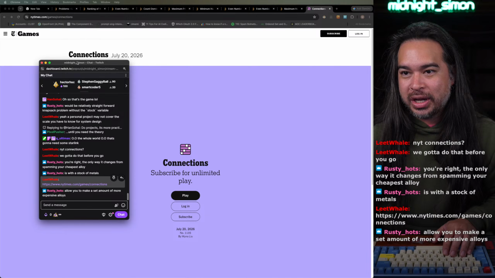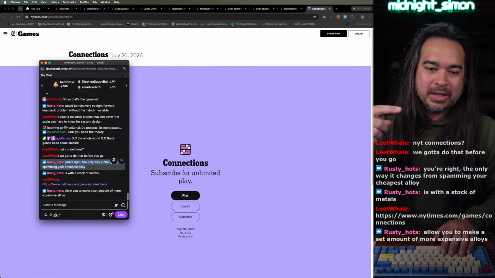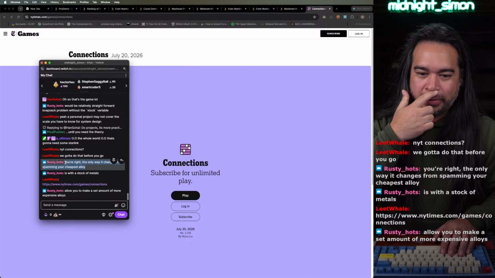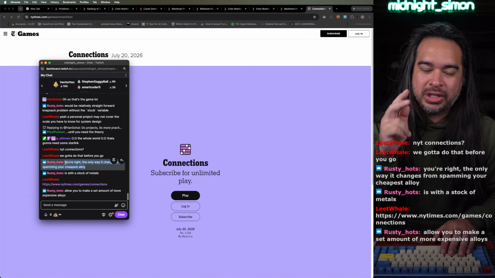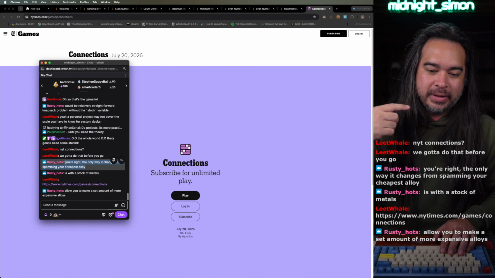The only way it changes from spamming your cheapest alloy is with a stock of metals. Wait, so the way knapsack works, if you just keep trying the same one, it's not really. I guess at every machine, you have two choices if you're doing it recursively like knapsack.